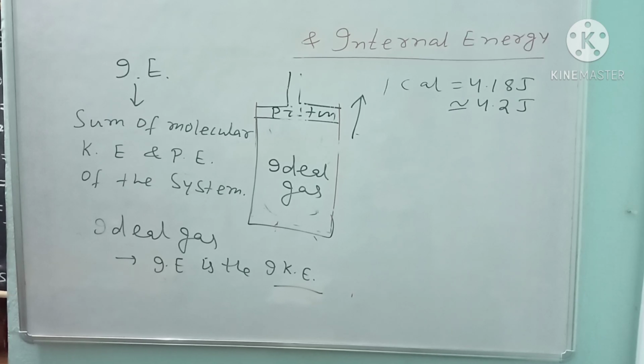Okay, students? Actually, in thermodynamics, heat and work are not state variables, like your pressure, volume, temperature. Heat and work are not state variables. Actually, these are modes of energy transfer to a system. Okay. So this much.